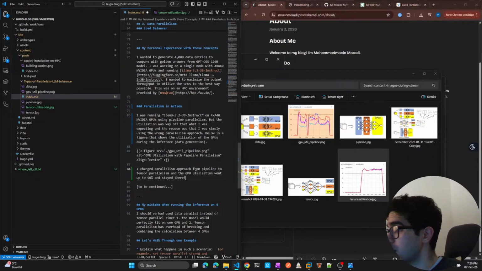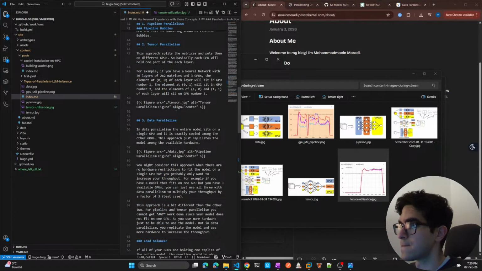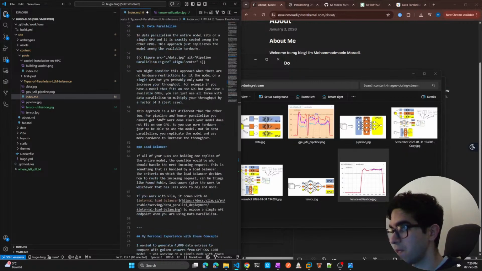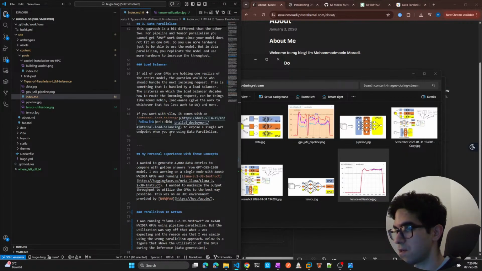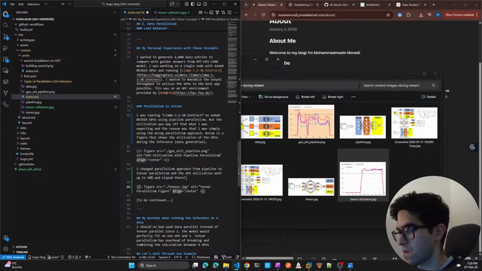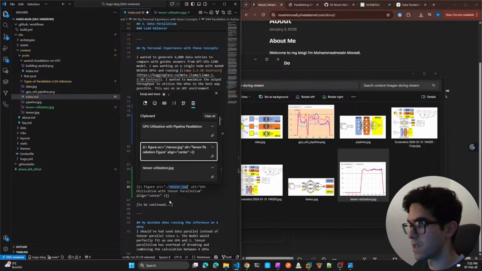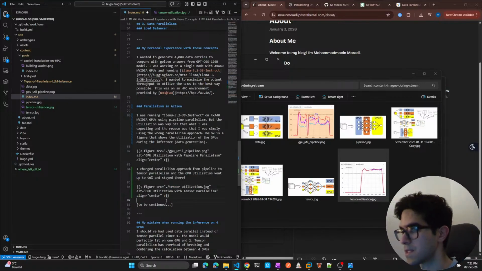And then I also add the image. With tensor, the image would be this.